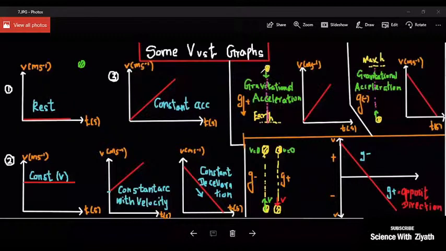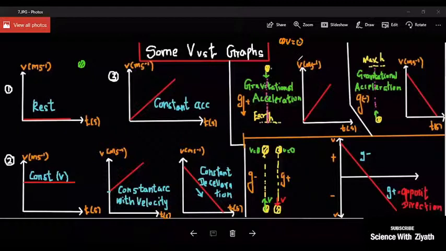When an object falls from one point and falls down, we can call this gravitational acceleration, because every time the velocity increases. For example, if it falls, the velocity would start at 0.